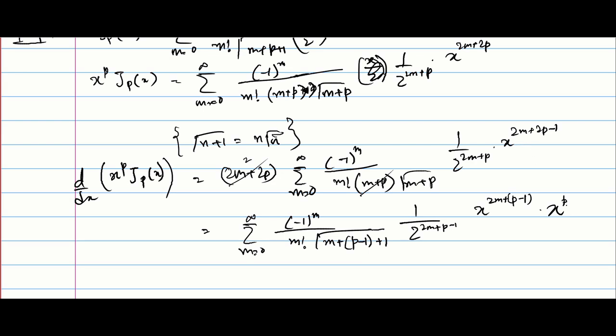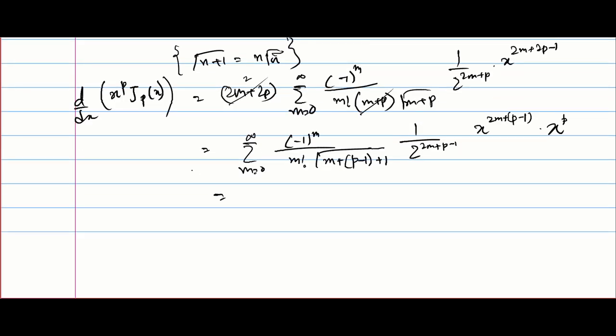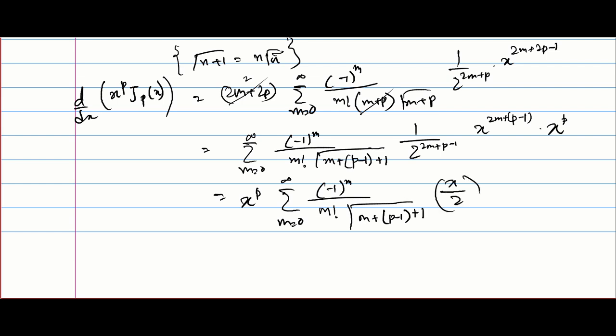If we take this outside the summation, x^p will be left with the sum from m equals 0 to infinity of (-1)^m over factorial m times gamma of (m plus p minus 1 plus 1), times (x/2) to the power 2m plus p minus 1.